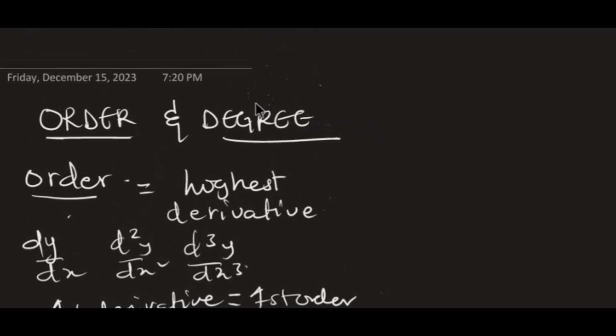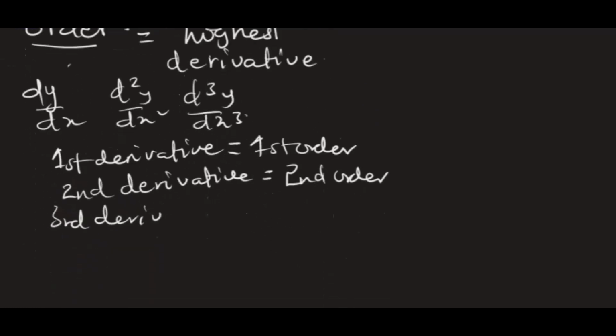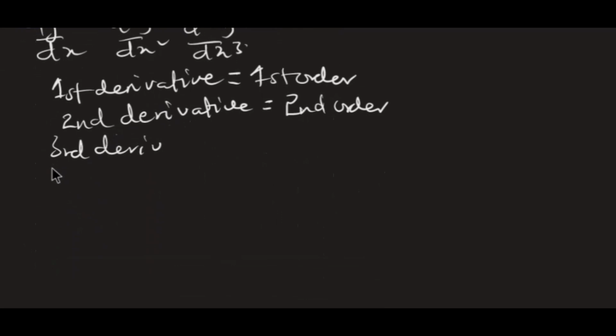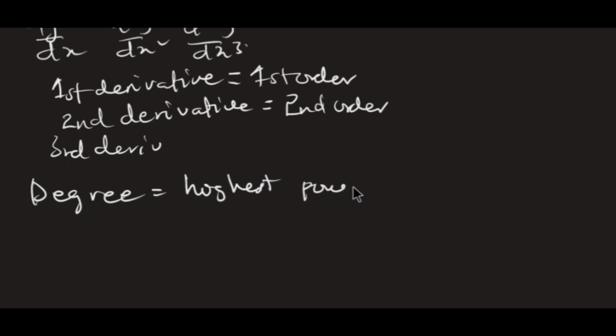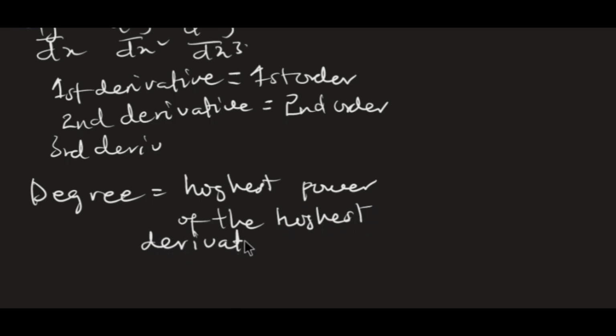Now let's talk about degree. Degree corresponds, or moves hand in hand, with order. So degree is equal to the highest power of the highest derivative. So let's see the difference.